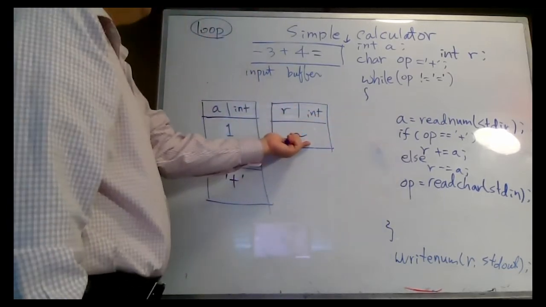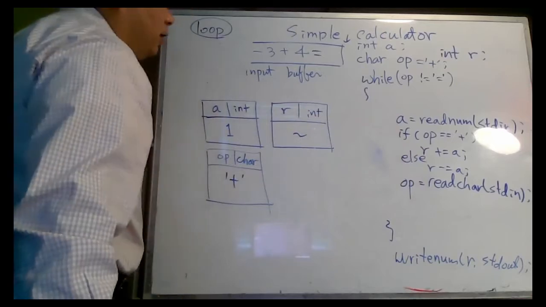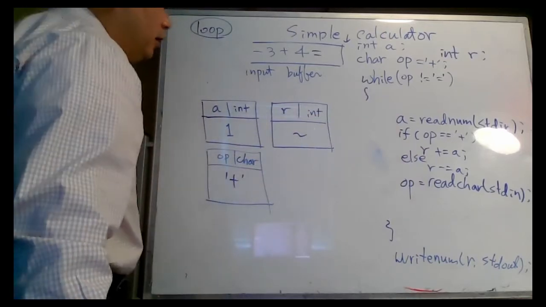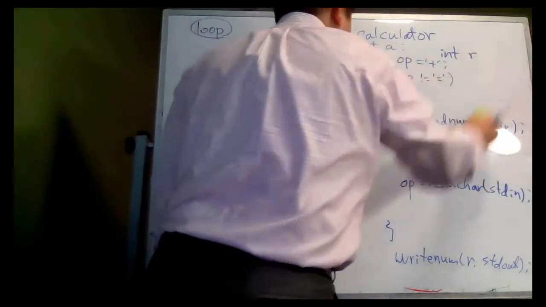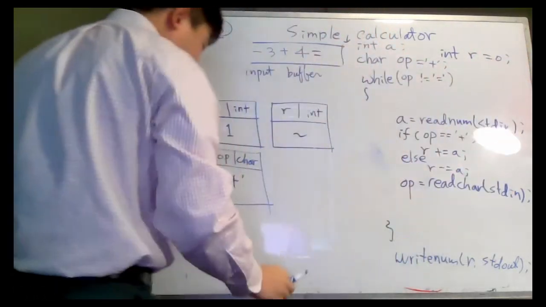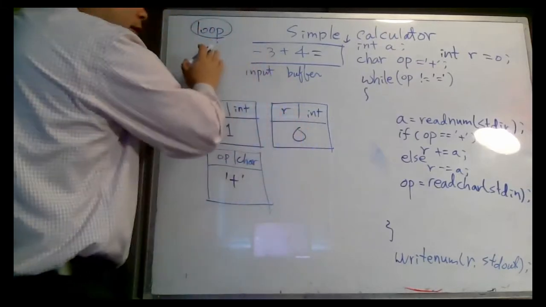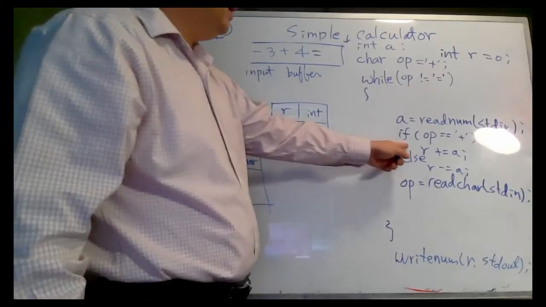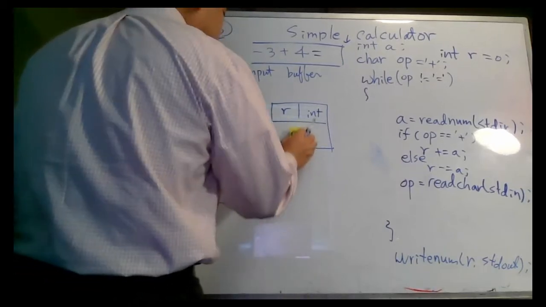There's a problem. R is garbage, and whatever garbage plus something is another garbage. So R has to be initialized, right? R again has to be initialized. So before it was 0, and now, given this, R plus A is taking place.